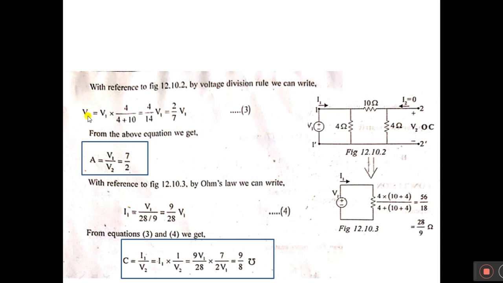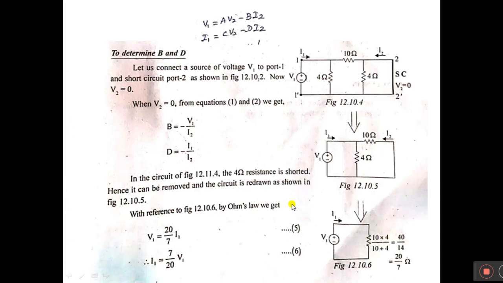V2 here 2 by 7 into V1. If you put 1 by V2, this becomes 7 by 2 V1. This V1 cancel. If you simplify, you will get 9 by 8 mho. Then similarly, we need to find the parameters B and D.